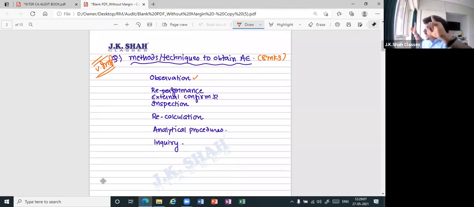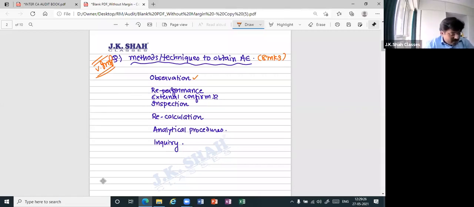Once he makes an observation, thereafter he will get the information. So by doing observation, you get audit evidence. Observation is one technique to get audit evidence. All cool? So by doing observation, what do you obtain? Audit evidence.